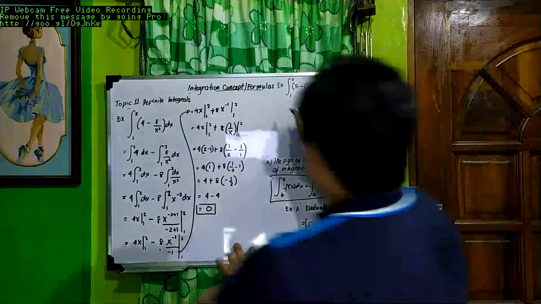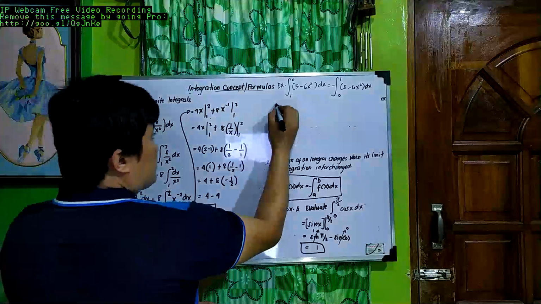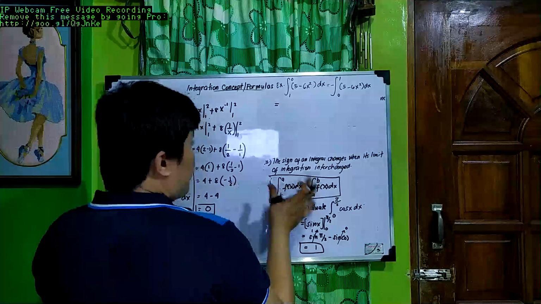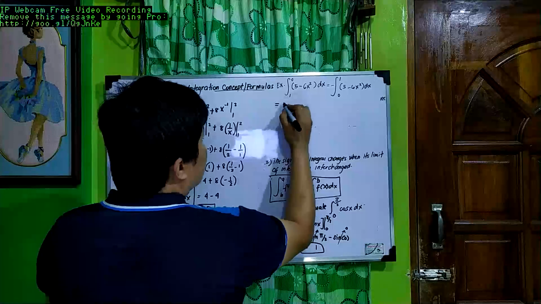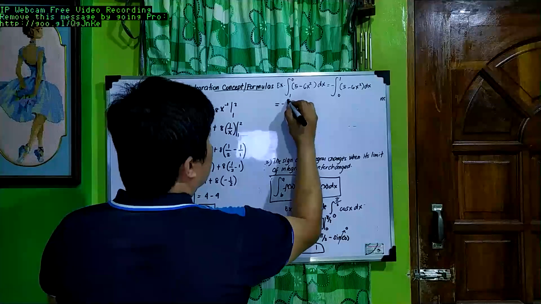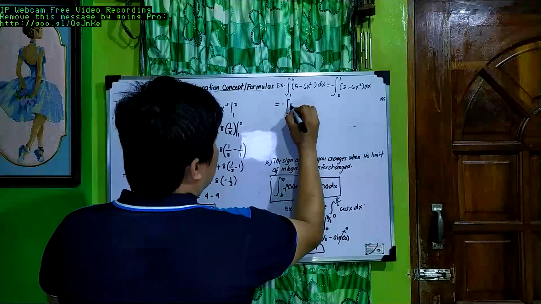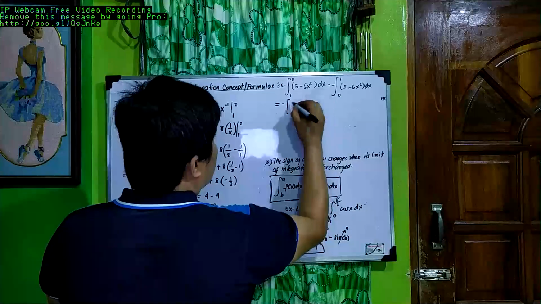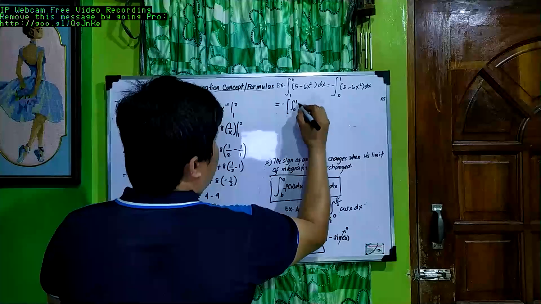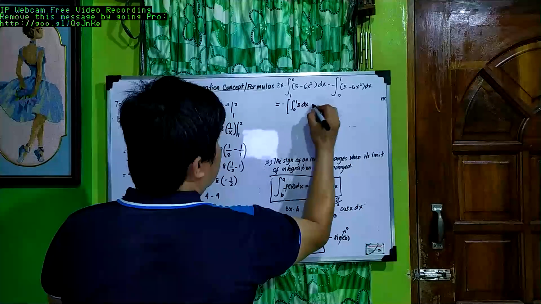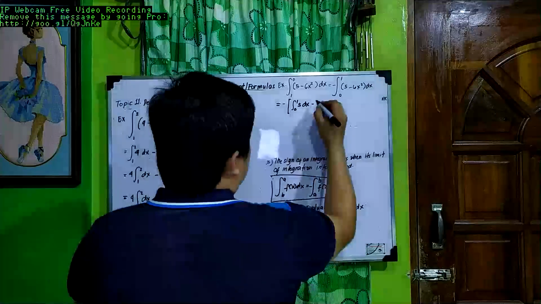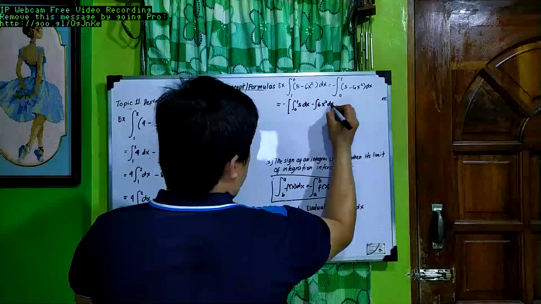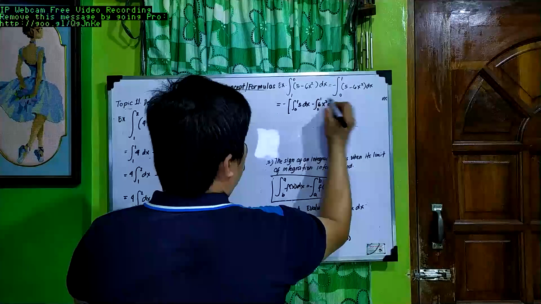After that, you separate the functions. You have negative for everyone, the integral from 0 to 1 of 5 dx, minus the integral of 6x squared dx from 0 to 1.